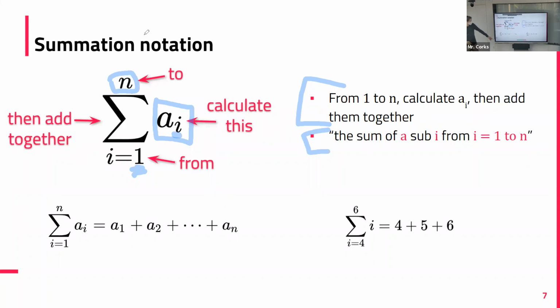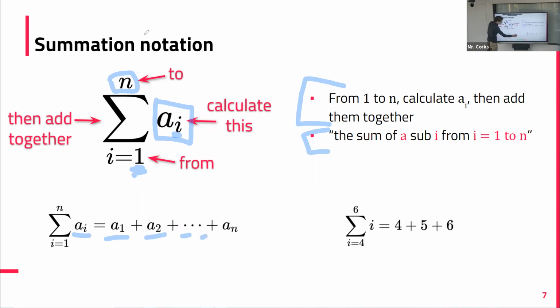So in a more general sense, it's like this here. So ai could be anything, just, I don't know, 2 times that or that squared or whatever. But okay, so figure out the first one, figure out the second one, and the third one, and the fourth one, etc., until n, whatever n we've chosen, and then stop, and then we add them together. So that's just kind of expanded on what this represents.